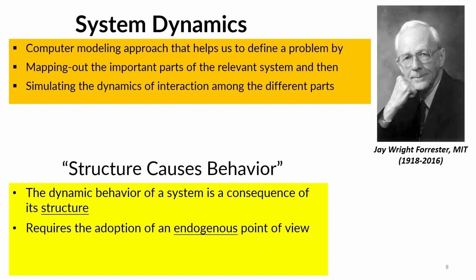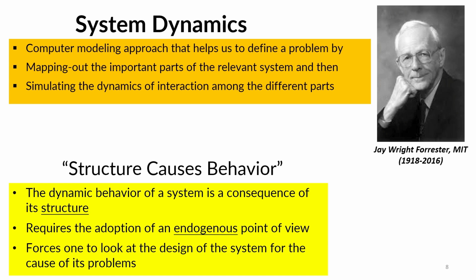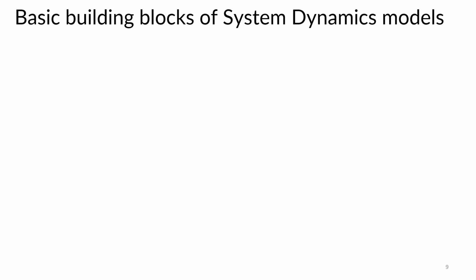We look at the internal components of the system and try to find out the causes of the problems. And in doing so, we understand that to change the problematic behavior of a system, we must alter its structure. Okay. So in a nutshell, what we are doing is we are trying to model a problem with a computer.